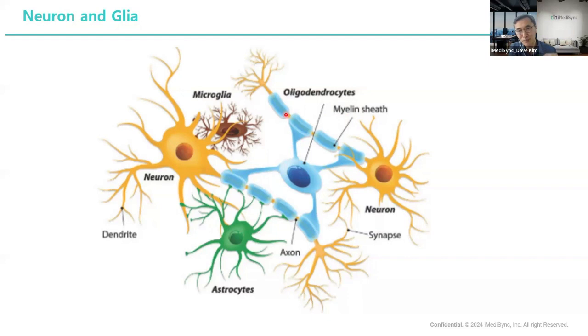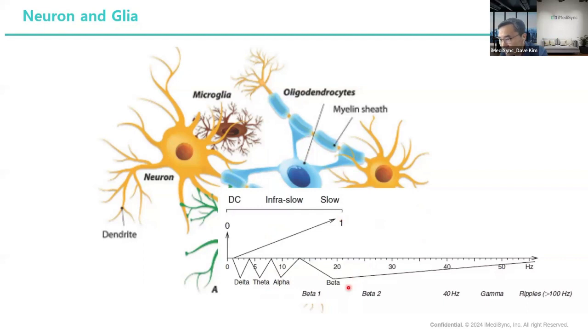From birth to age 4, before age 4, we don't have alpha frequency, only theta. But during development, myelination makes neuron-to-neuron communication faster, which eventually makes the alpha rhythm. So glia is very important.